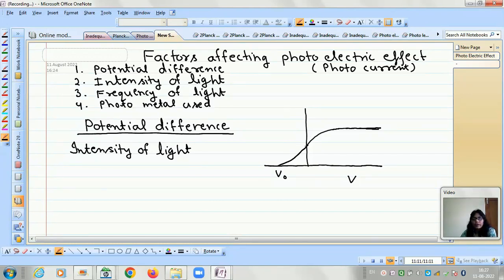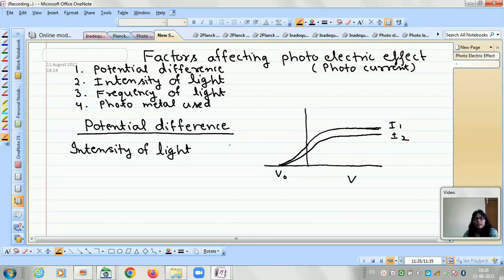So for a different intensity we will have the same potential, same stopping potential, but at a different current. So the current I1 and then current I2.